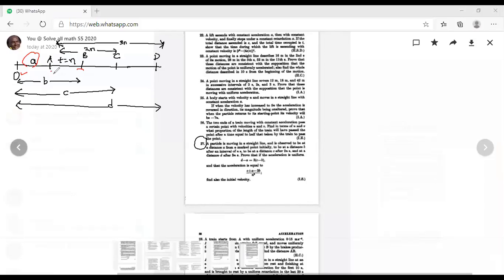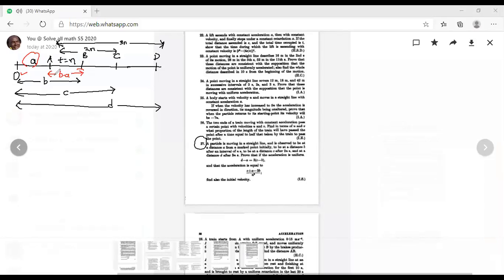Guys, what do you think? Girls, what distance did it cover from A to B? You see this B distance minus A. It is going to be B minus A, correct.